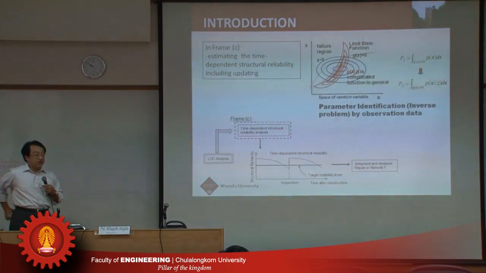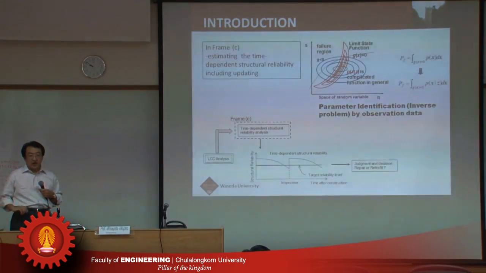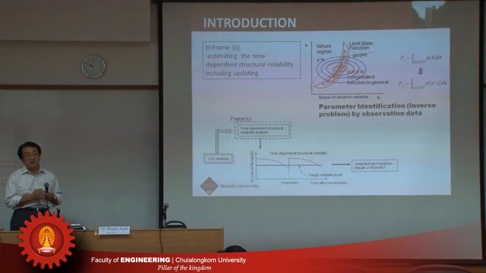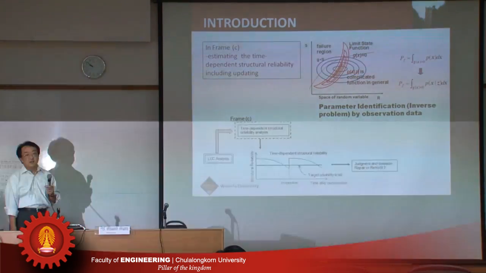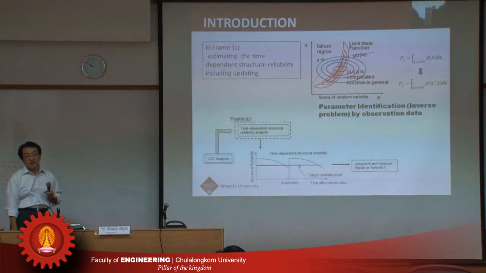So in frame C, the time-dependent structural reliability with updating is estimated. Reliability means the likelihood of failure of structures. The magnitude of reliability depends on the statistics of random variables used in the reliability estimation.